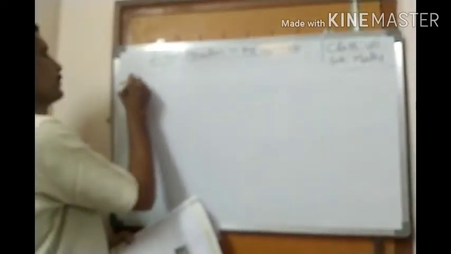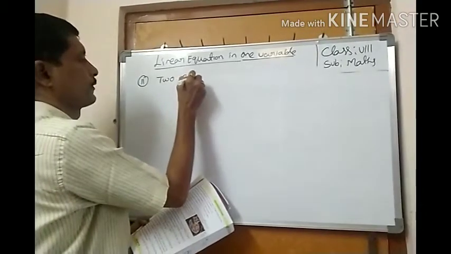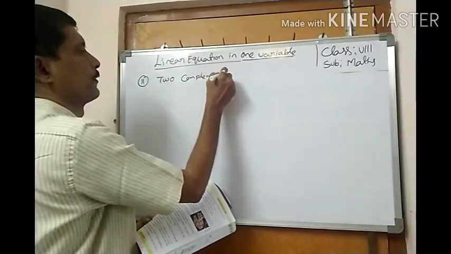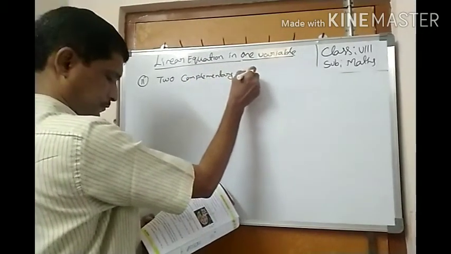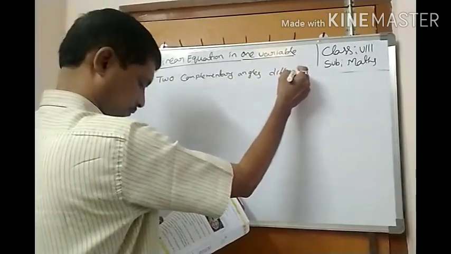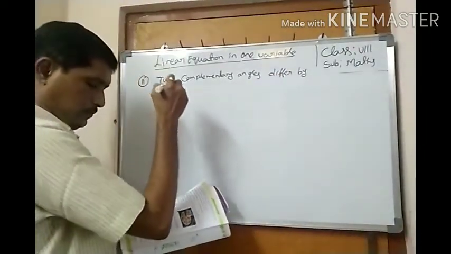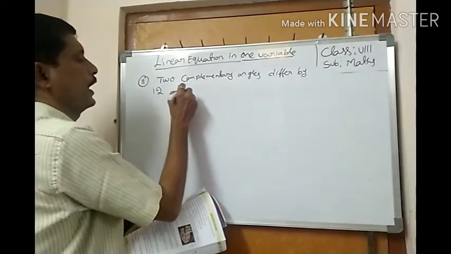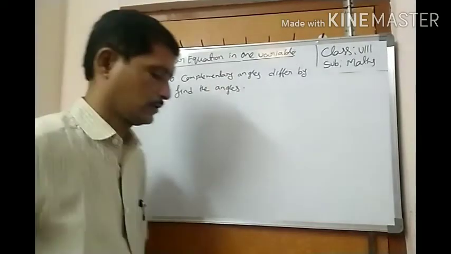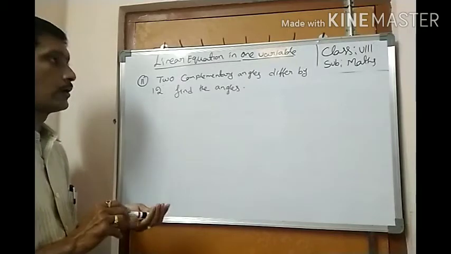11th question. Two complementary angles differ by 12.